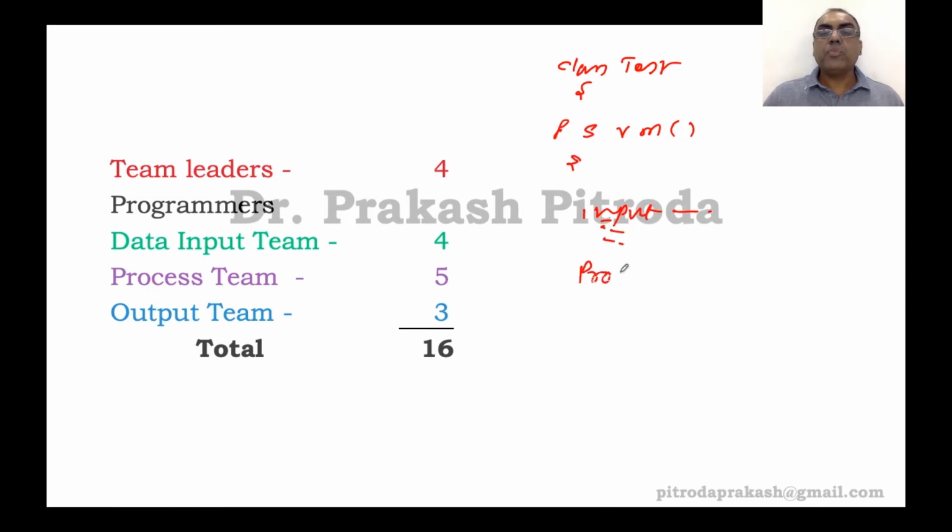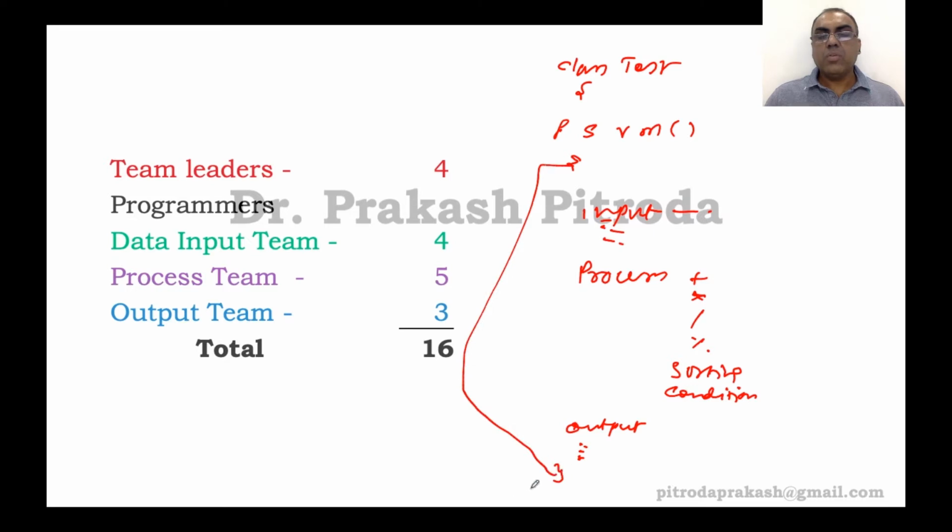Then you've done some process, maybe addition, multiplication, division, subtraction, sorting, some condition, some kind of a process to get the output. Output also you can have in many lines, and here is your main program, and here is your class. So in your main, when I say PSVM, that's your main.